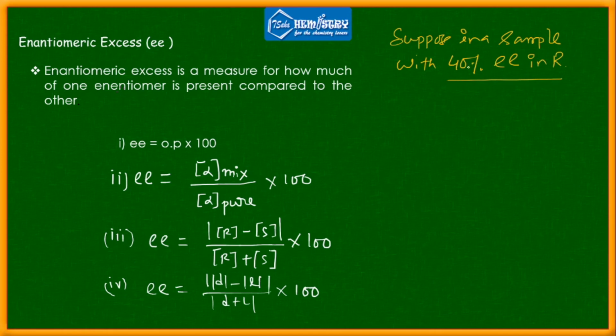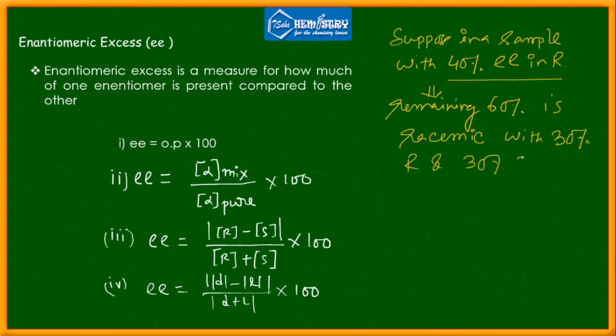So if we have 40% enantiomeric excess, then the remaining 60% is racemic, in which we have 30% R and 30% S, because we know the concept of a racemic mixture.